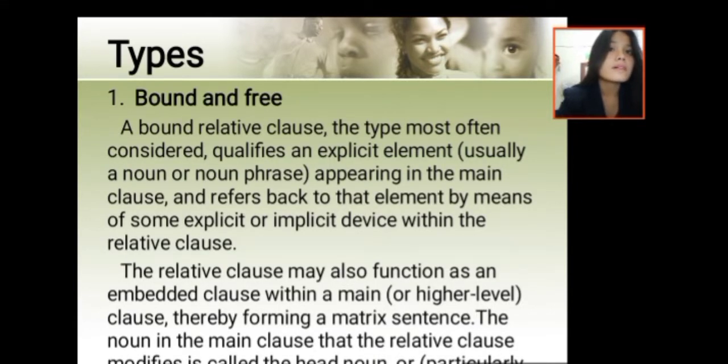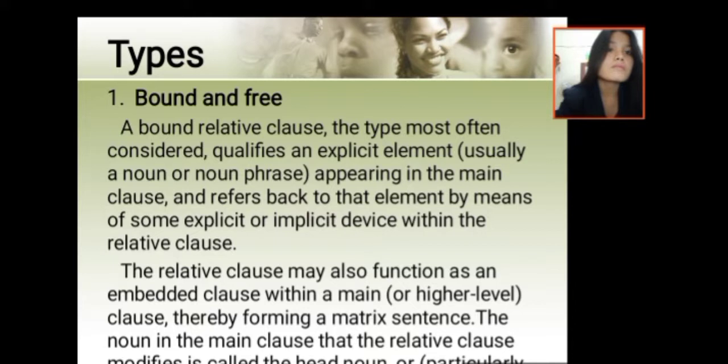Okay, types. The first: bound and free. A bound relative clause, the type most often considered, qualifies an explicit element, usually a noun or noun phrase, appearing in the main clause and refers back to the element by means of some explicit or implicit device within the relative clause.